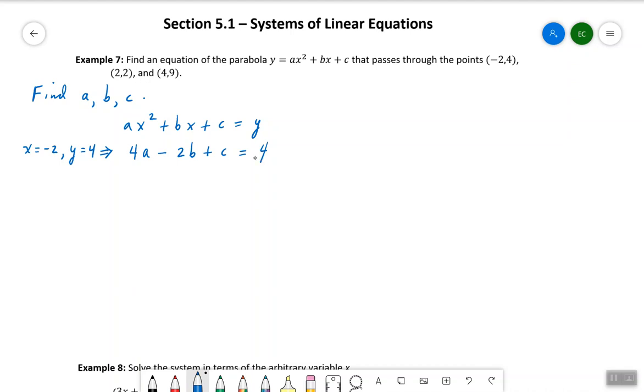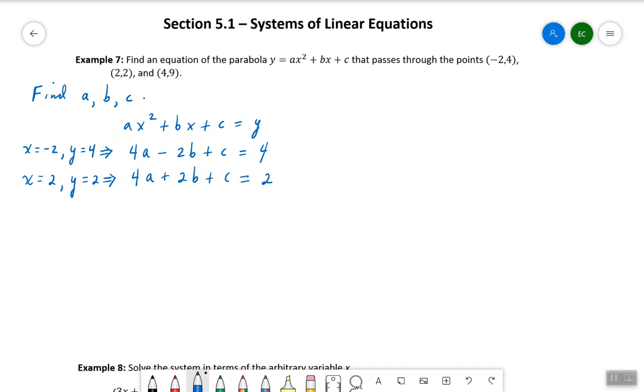And so here's an equation in three unknowns, a, b, and c. And can you see that we'll get two more equations like that, and then we'll have a 3x3 system that we can solve. If we have x equals 2 and y equals 2, then 2 squared makes 4 times a, plus b times 2, or plus 2b, plus c is equal to 2.